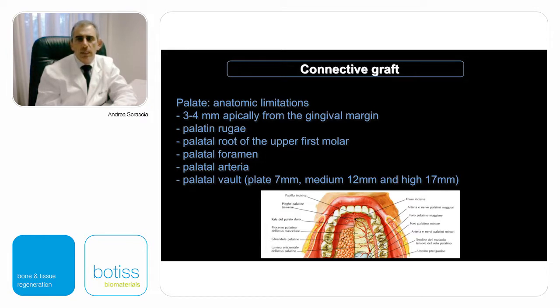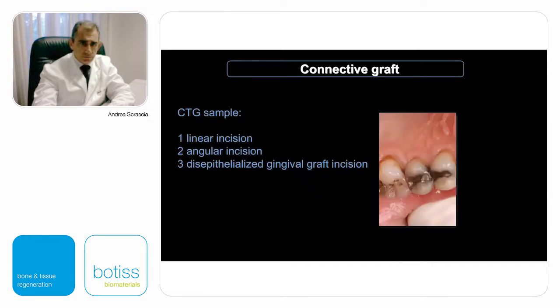A flat one has a minor amount of connective tissue, and this can affect the increase of the keratinized tissue. Then we need to regenerate, therefore in this type of anatomic situation the use of a collagen matrix membrane, as we'll explain later, can be a good solution. To get the donor site ready, we can make linear incisions or angular ones, or withdraw a free gingival graft.